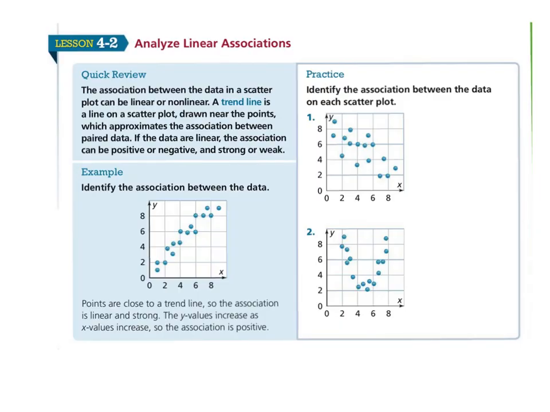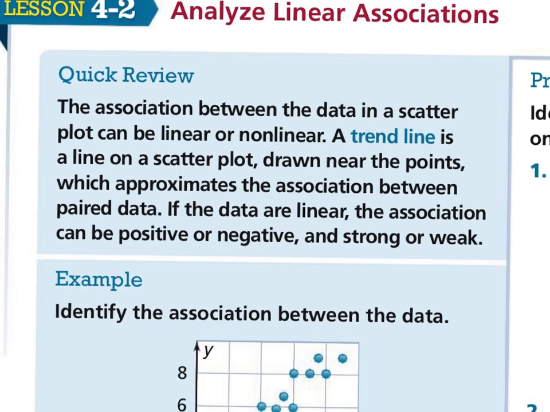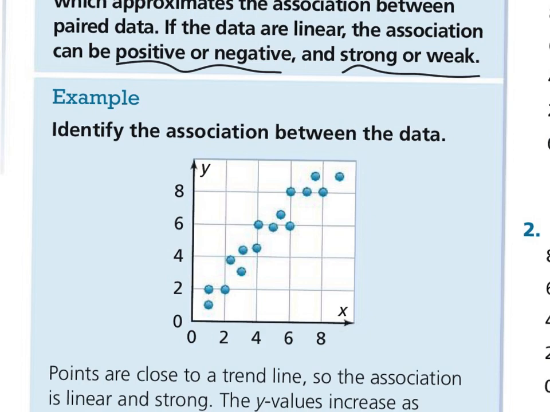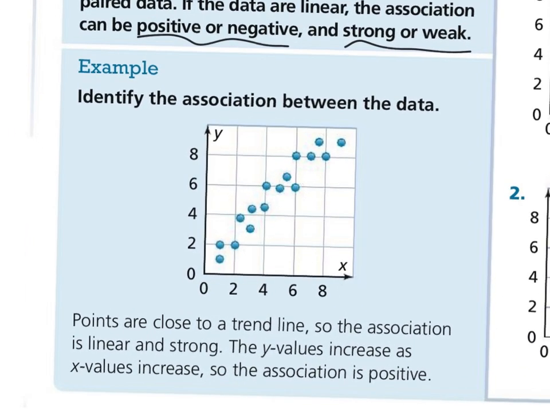Lesson 2 talks about analyzing linear associations. This is where we talked about drawing trend lines and then looking at whether we have negative or positive associations. Also, we talked about if they were strong or weak. So if you look at their example here, we could draw a line that kind of goes through these points.